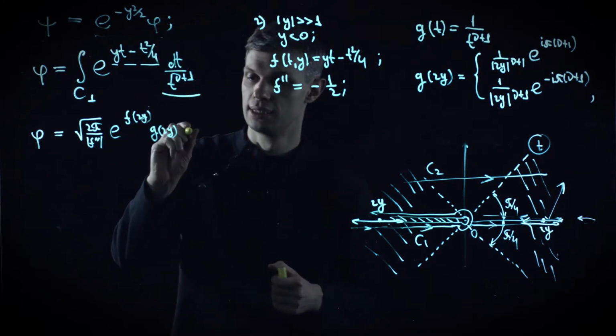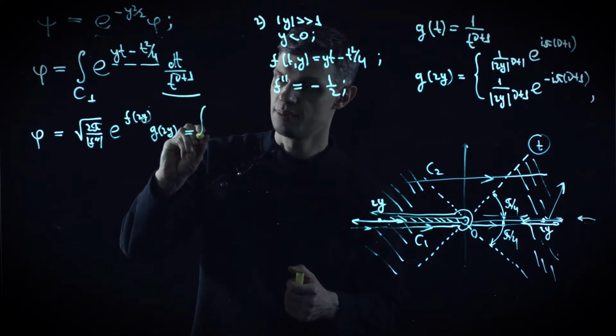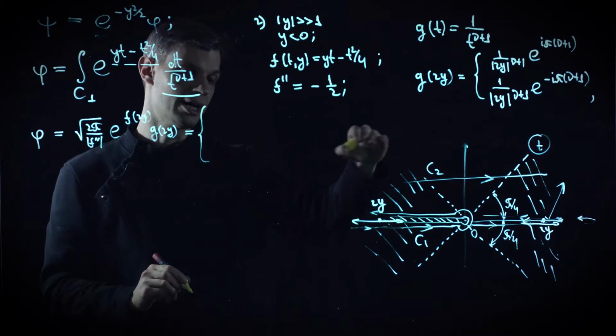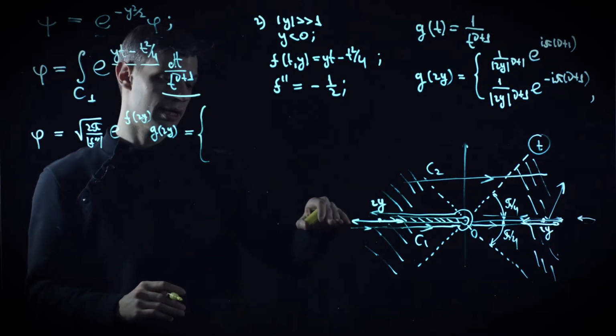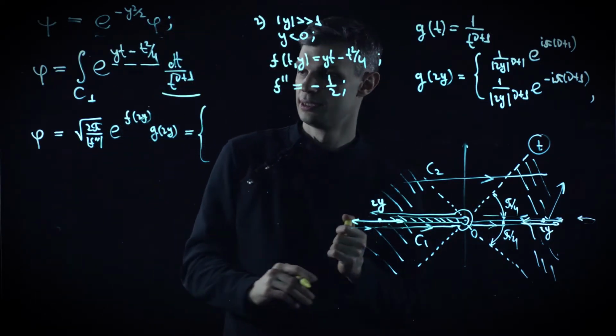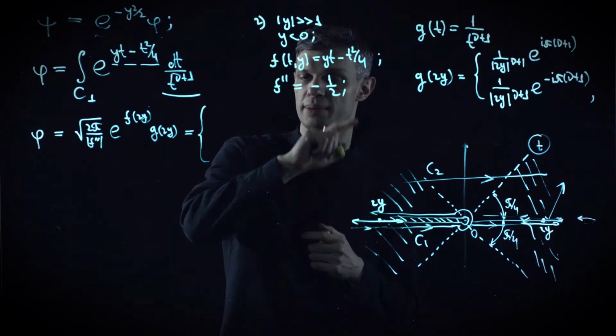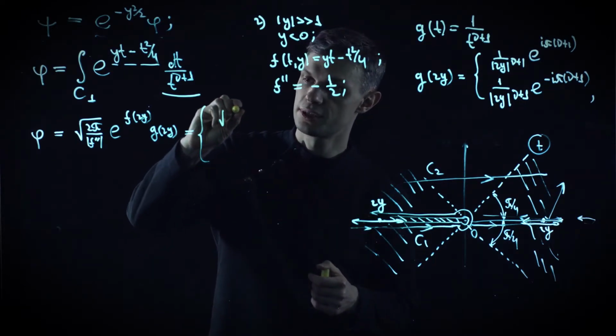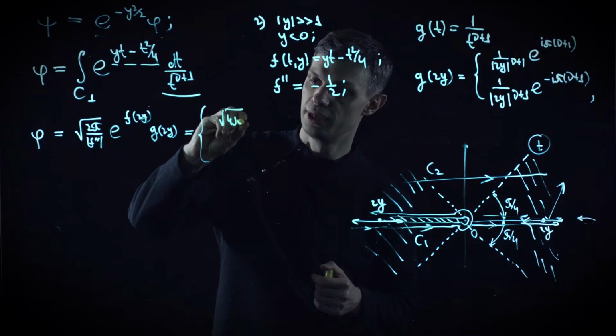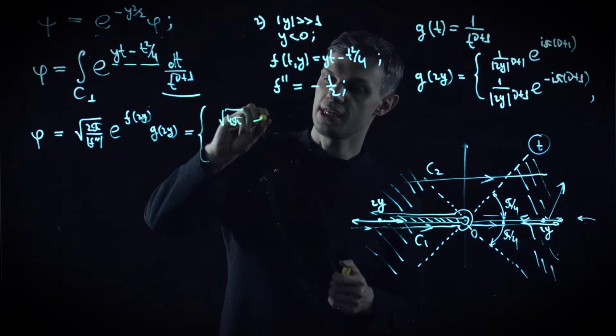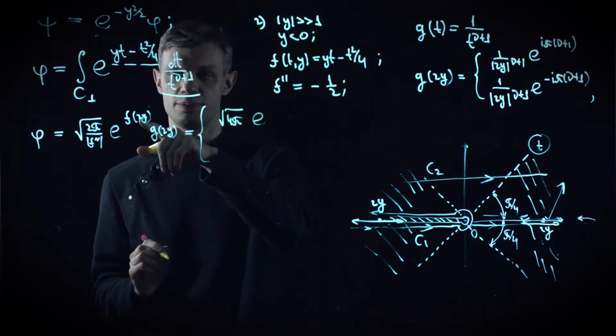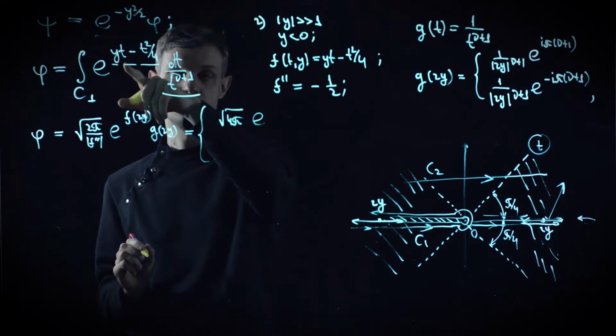So let's compute it for the lower and upper bank. For the lower bank, it's passed from the left to the right, and the contribution is, so f prime prime is minus 1/2, so it becomes square root of 4 pi times e to, okay, let's compute the value of our exponent at t equals 2y.